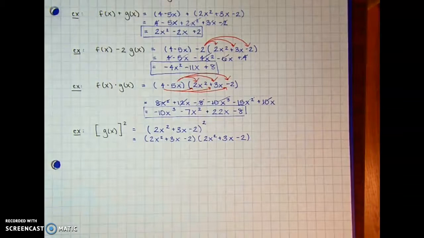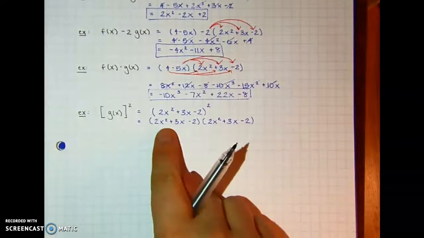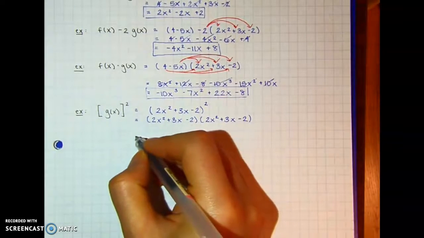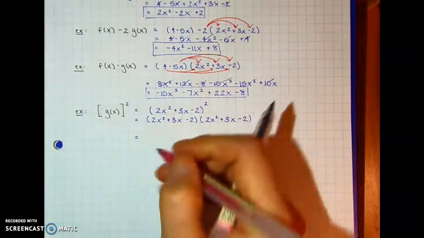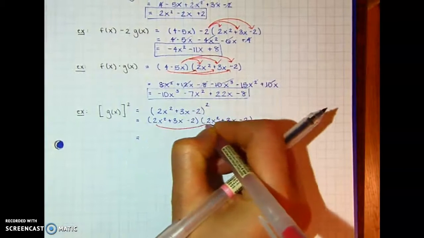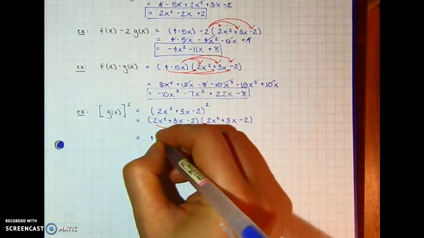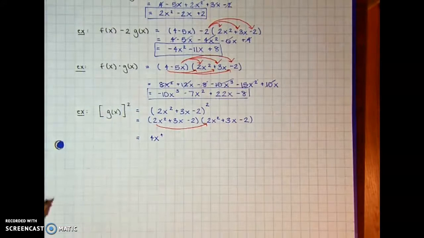And then, just like the last example, got a lot of multiplying to do, but it's even more because this is 3 terms and this also has 3 terms. So brace yourselves for a lot of multiplying. Hopefully I don't make any silly mistakes. So 2x squared times 2x squared is 4x to the 4th.